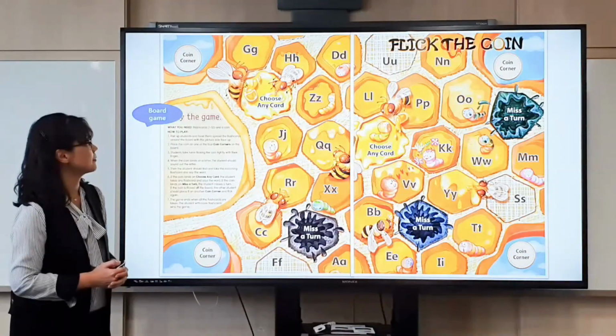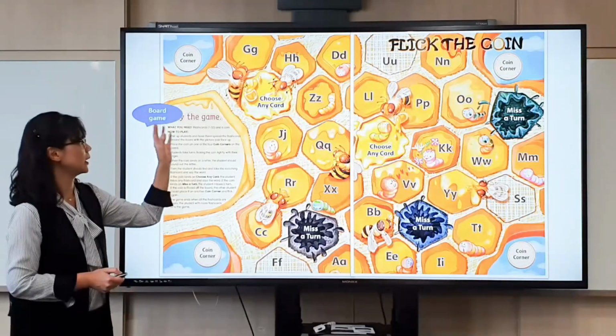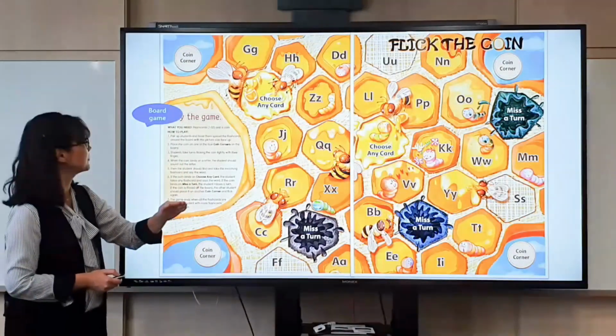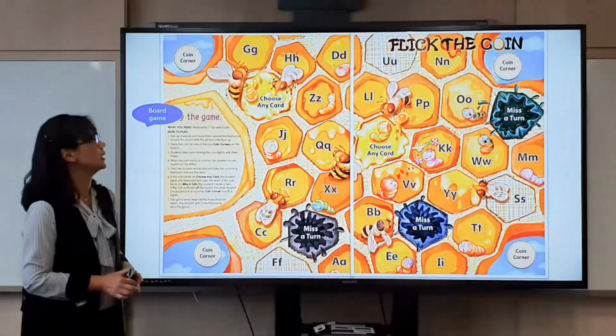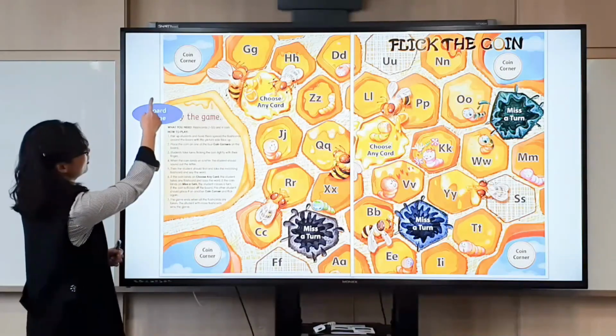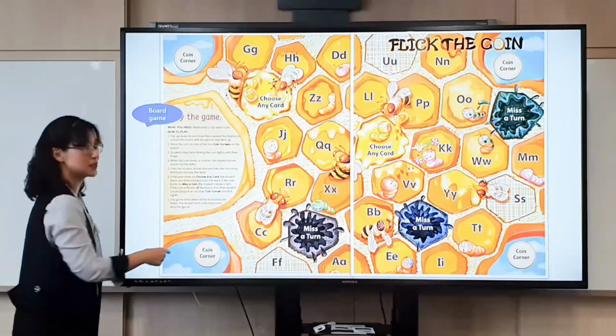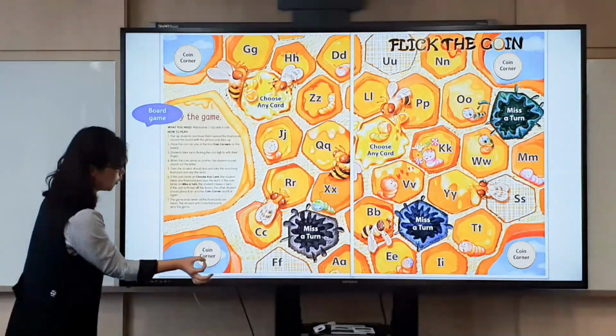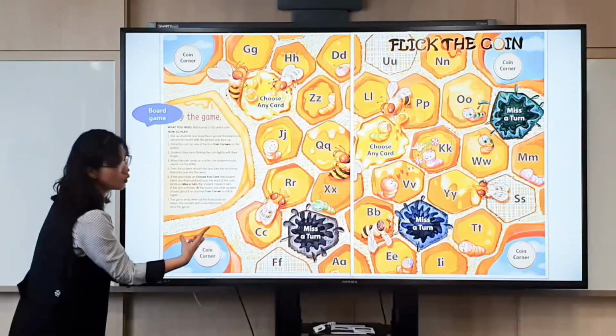After practicing all the targets from A to Z, you can play this game. Put the coin here, or there. Each corner has a place for a coin. You put the coin here, and then you just flip the coin.